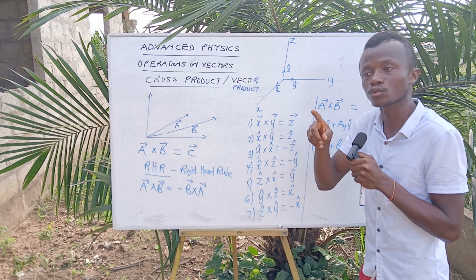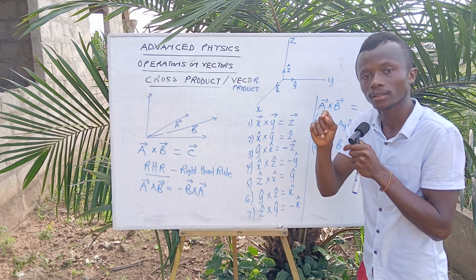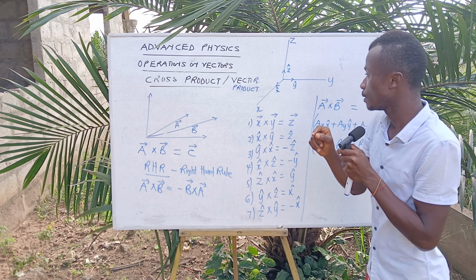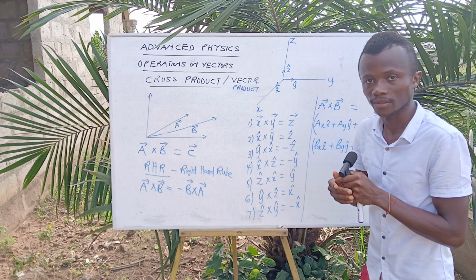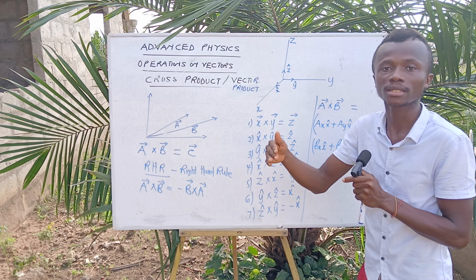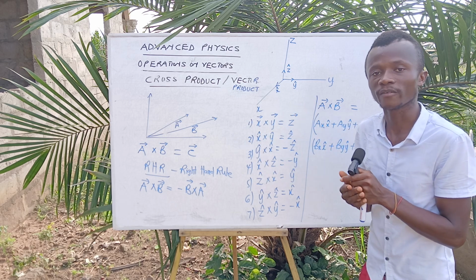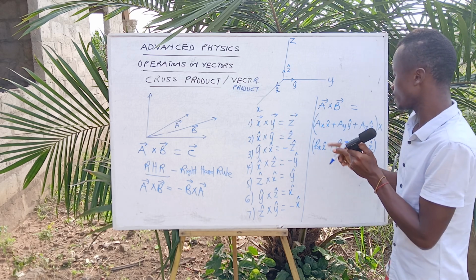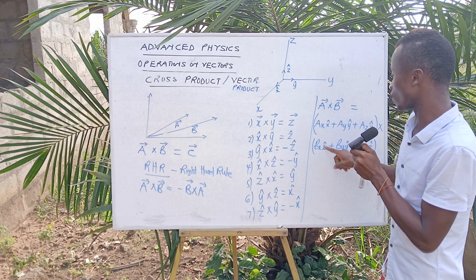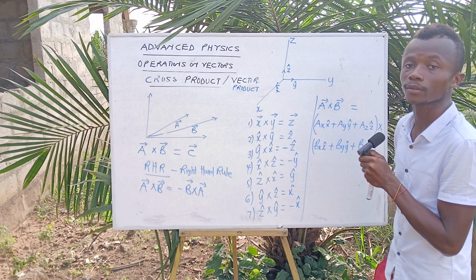You cannot cross two vectors which are parallel. And very soon we will understand better when we define cross products using the angles between the two vectors. So this quantity will give us 0 because x-hat cross x-hat will give us 0.